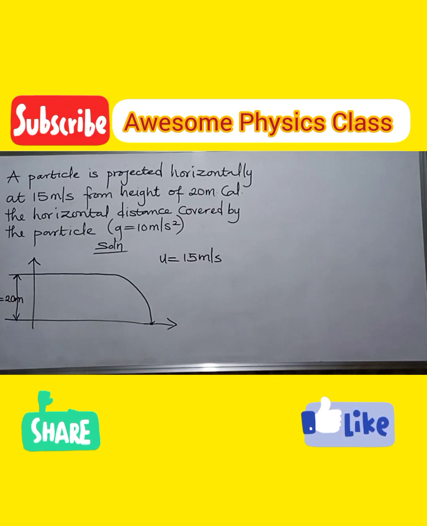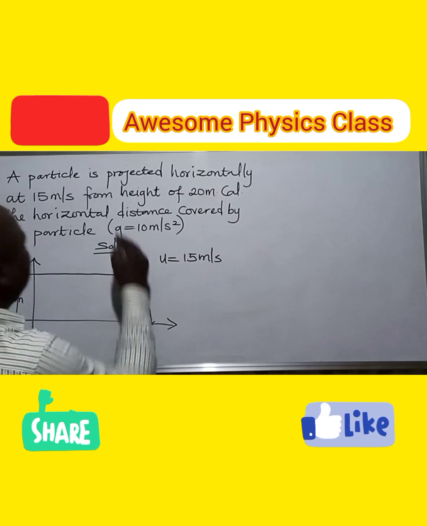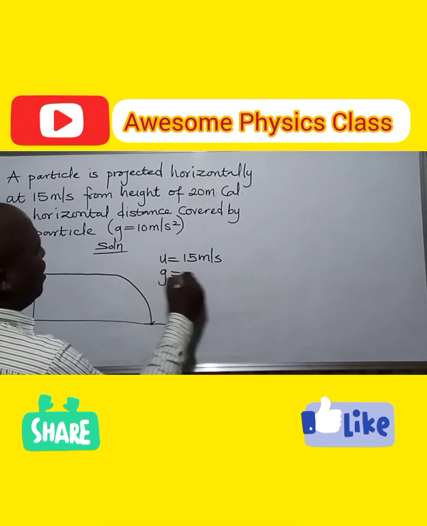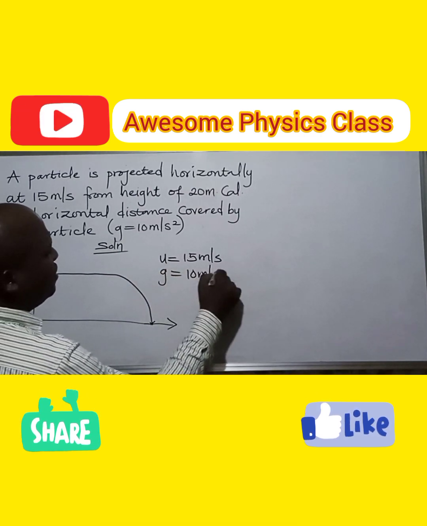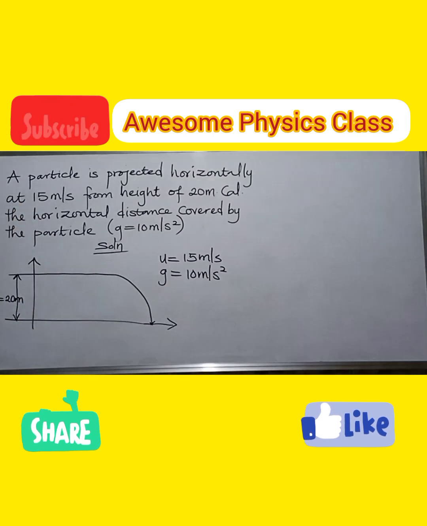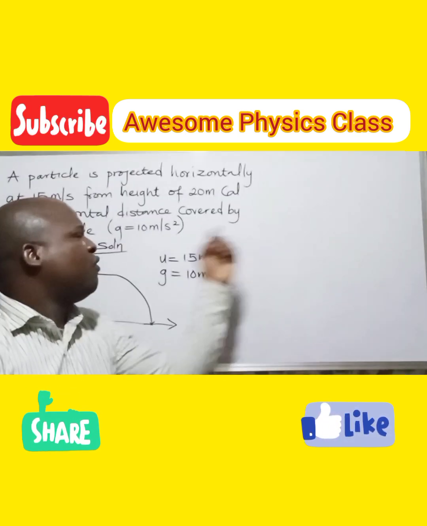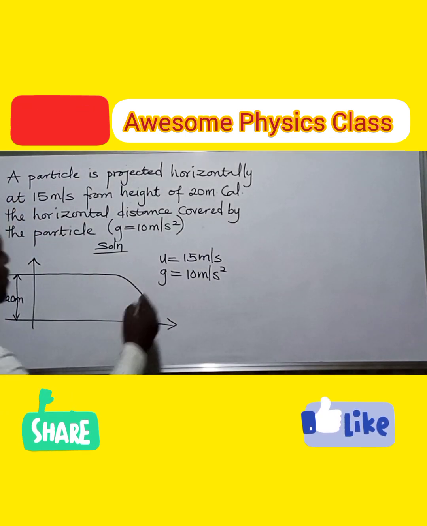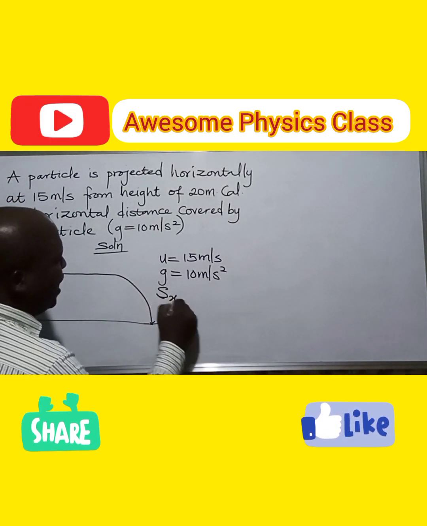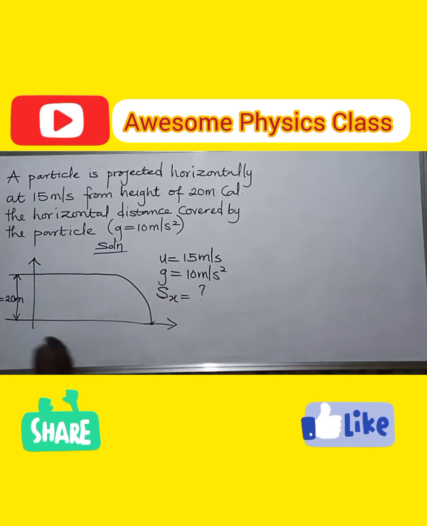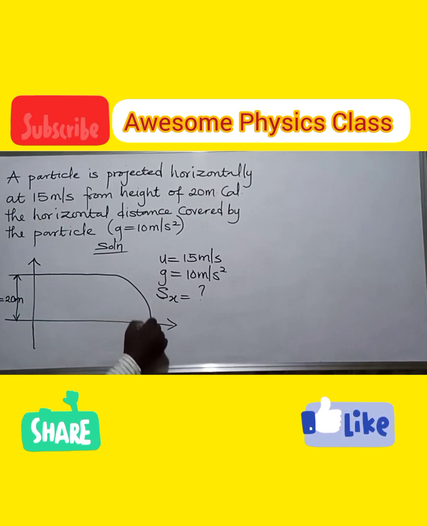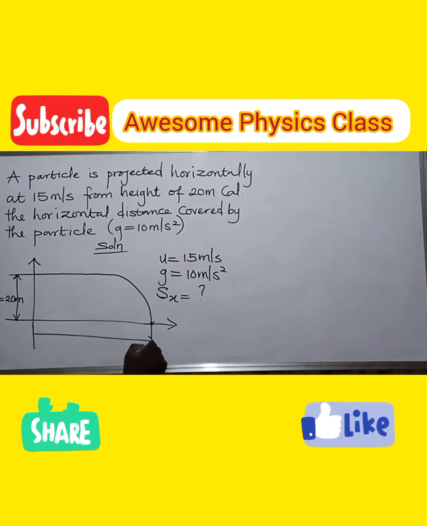We are also given the acceleration due to gravity, which is g, 10 meters per second squared. The question is now, calculate the horizontal distance covered by the body. That means we are looking for xx, which is the question mark. The xx will be at this particular point.